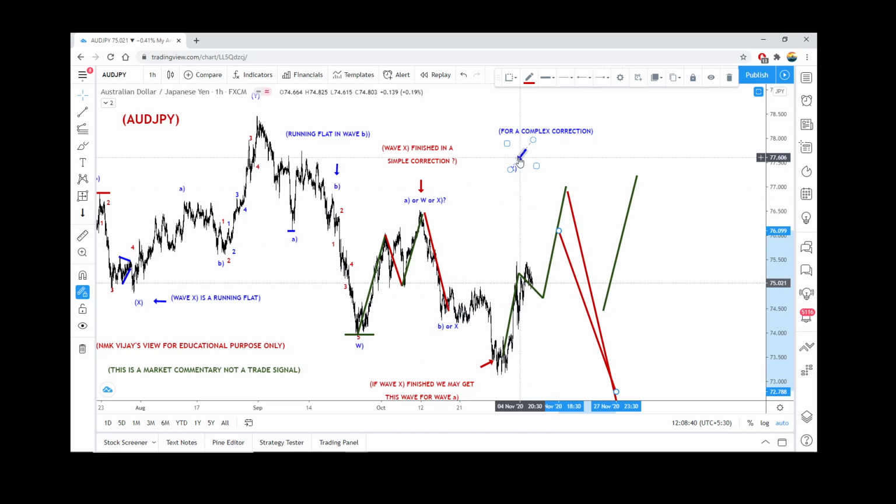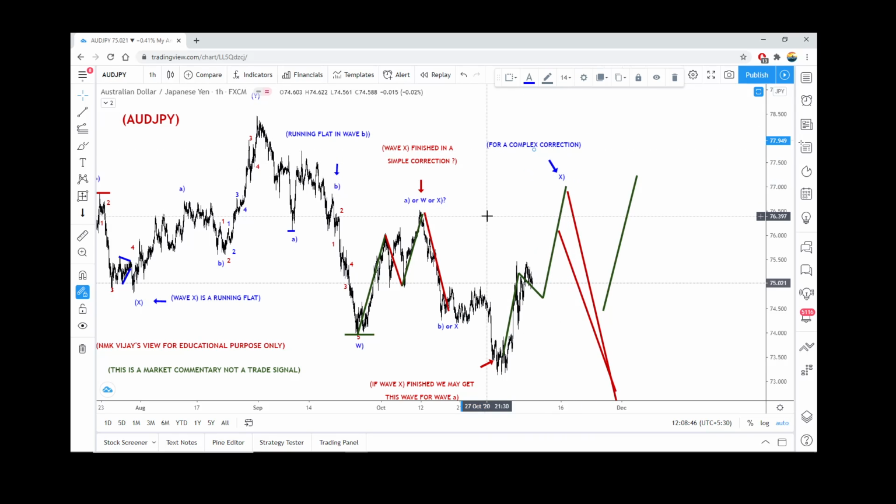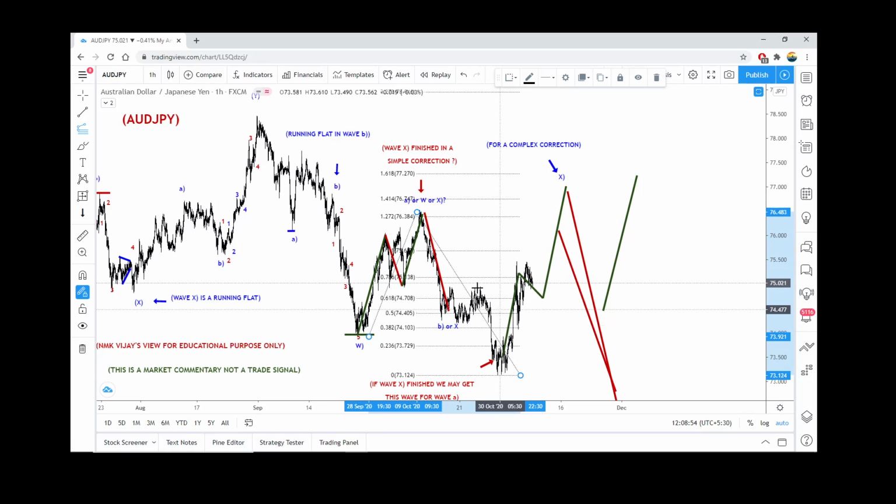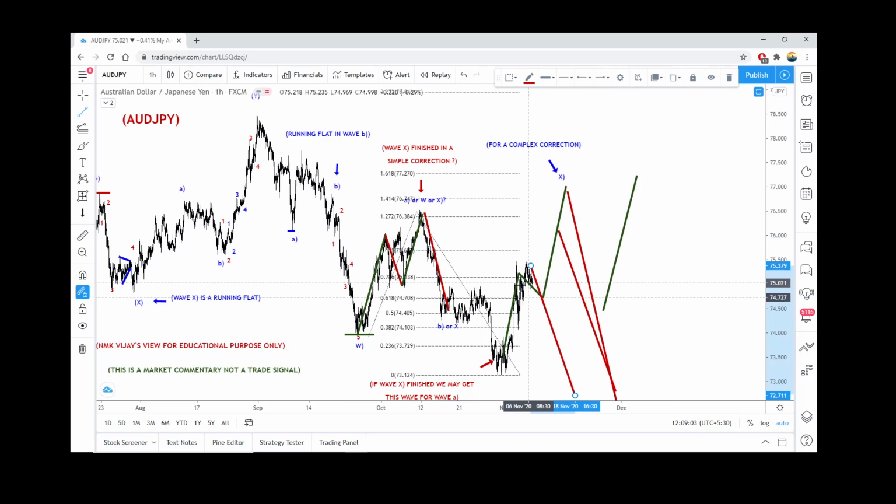So this X, I have already marked as a complex correction. So it's doing that. Now, according to that fib expansion beyond the 786, whether it is going to make a low from here itself, or after the three-wave pullback, now this wave is already done here.